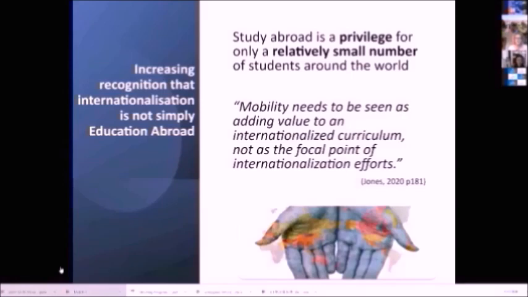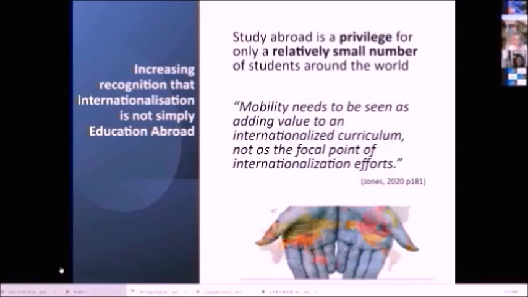And the global estimate of 2% of students able to have a mobility experience as part of their program is very, very small. So we need to think about mobility adding value to internationalization of the curriculum. The curriculum itself needs to be the focal point of our efforts. And if students have an international experience, then that's an added bonus.